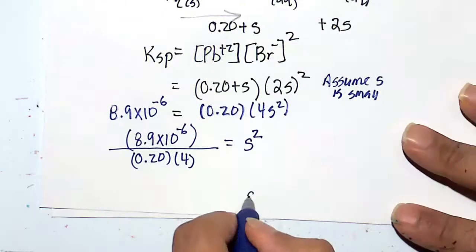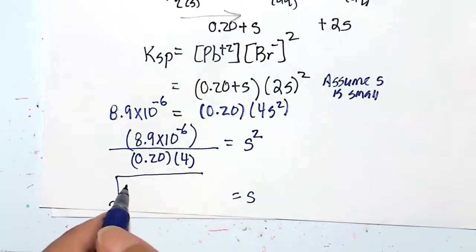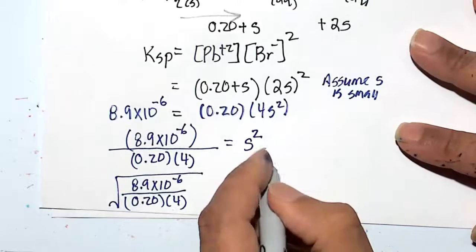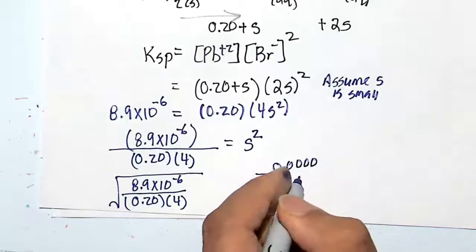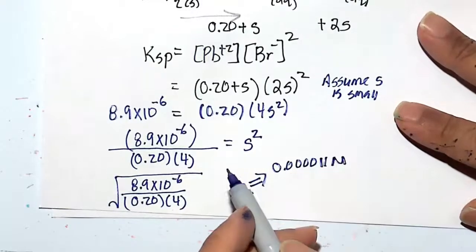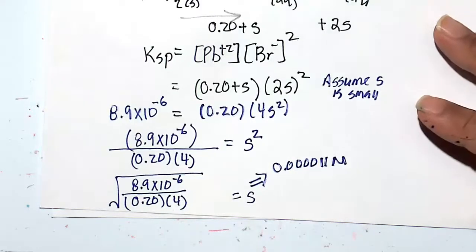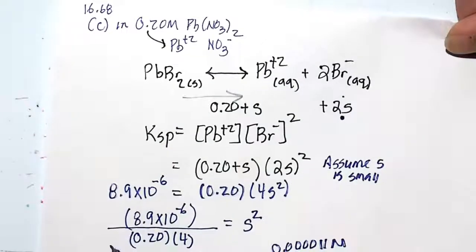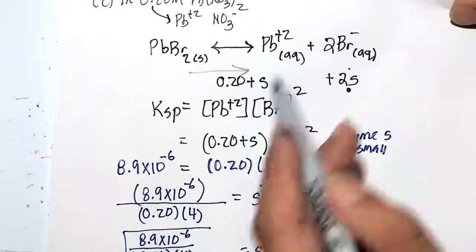Don't forget the units here are going to be molar, moles over liter, which is nothing more than big M. Solving for S on my calculator, getting a value of 0.0004011 molar. Again, the solubility of S of lead plus 2 and Br minus have gone down significantly in the presence of the common ion. Solubility of Br minus is going to be 2 times that S, so it's going to be 0.000022 molar.